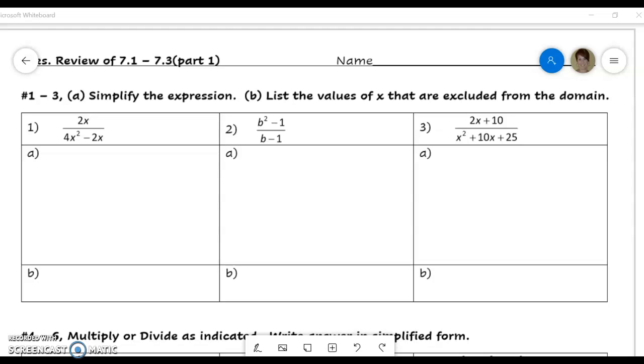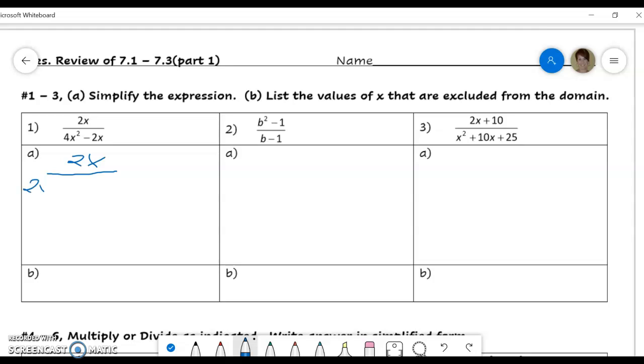All right, for questions 1, 2, and 3, you're just simplifying for part A. So let's look at that first. We are going to factor out anything we can from the numerator, which is a monomial, so we cannot. And then our denominator, we're going to factor out a GCF of 2x.